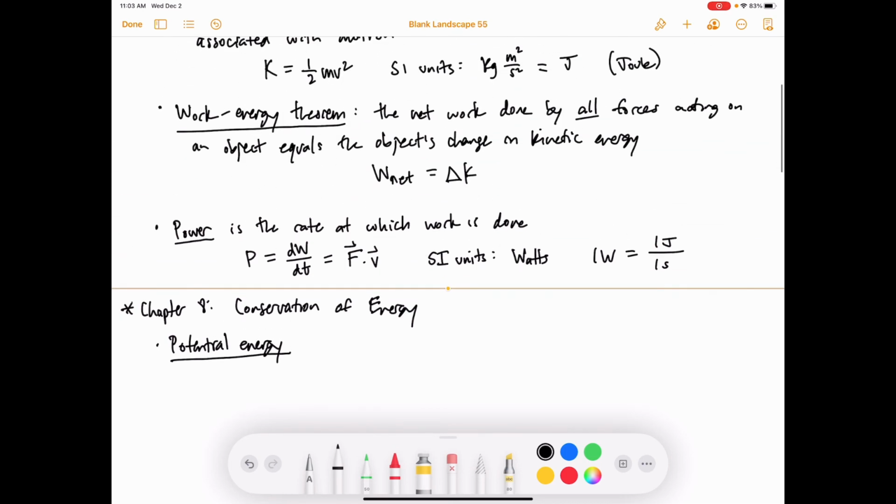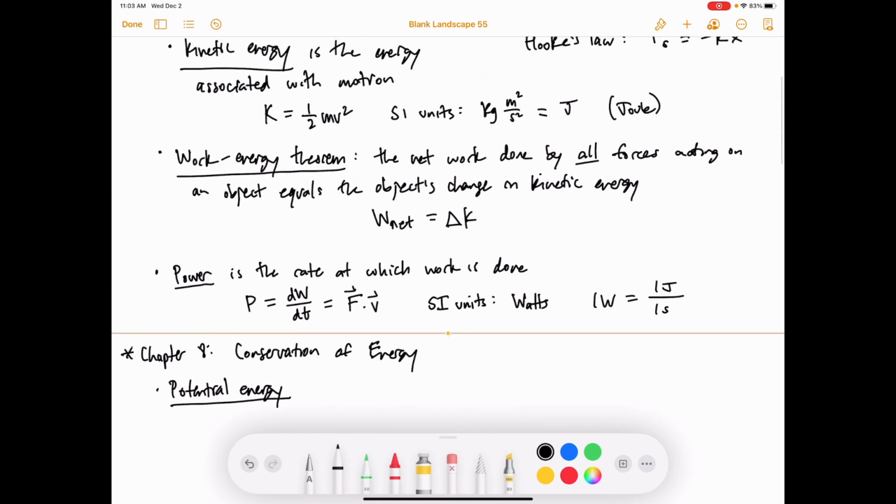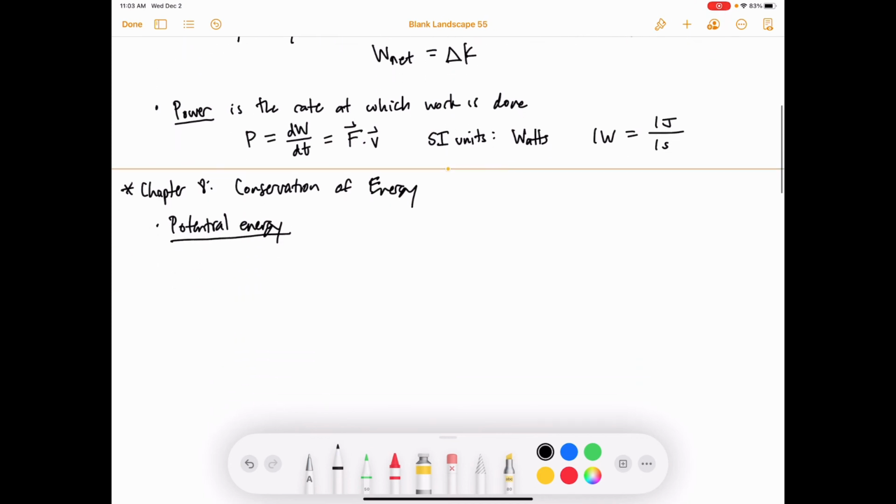Now, let's contrast it with kinetic energy. Kinetic energy is all about motion, whereas potential energy depends on position. So it doesn't matter how fast things are moving, it just matters where they're located as far as potential energy is concerned.